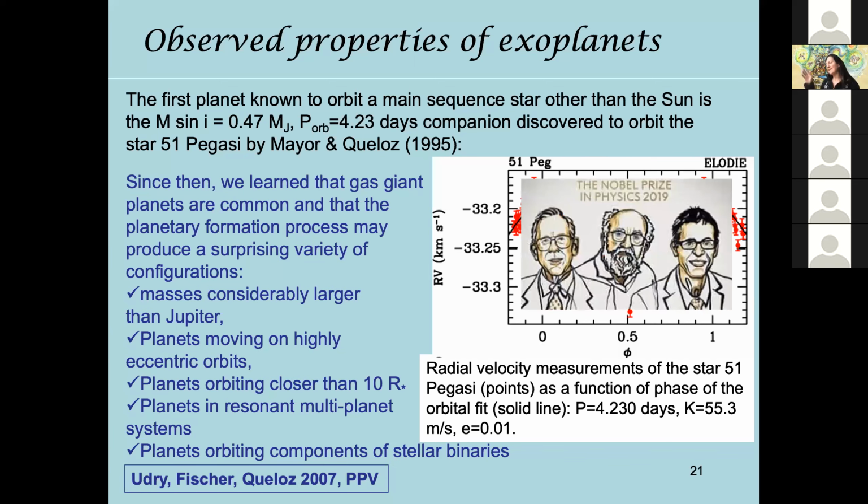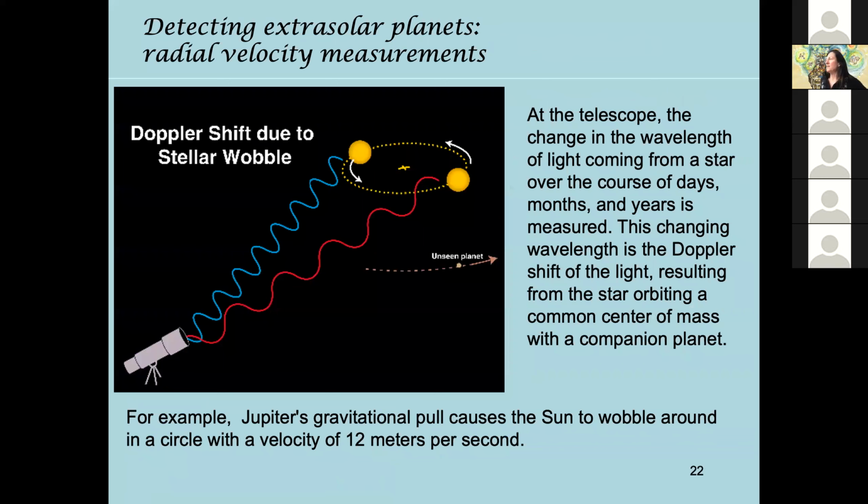So this is to honor the two, Mayor and Queloz, who did the discovery of this first planet. This is just explaining what I was saying before, how it happens. You just need to stare with your telescope.